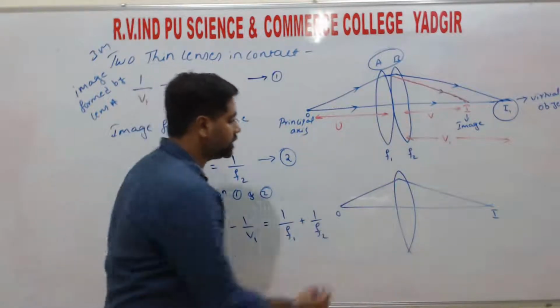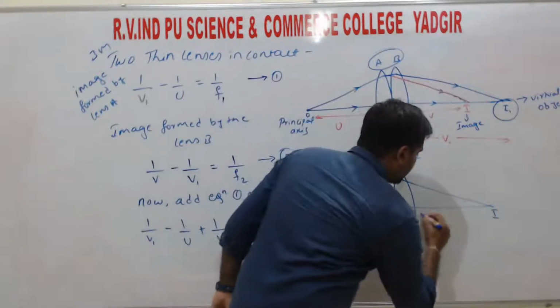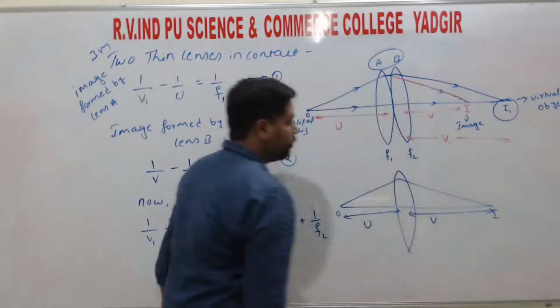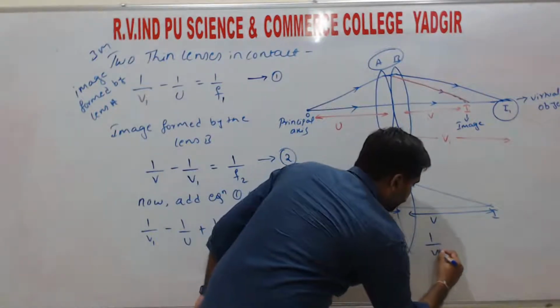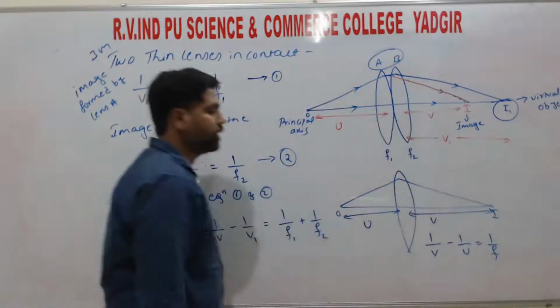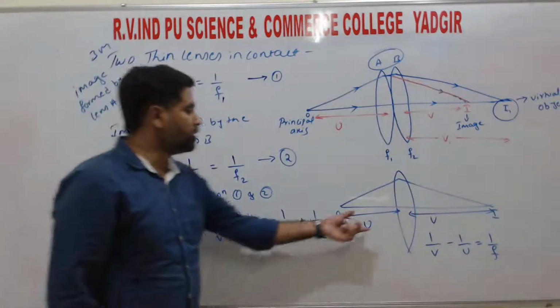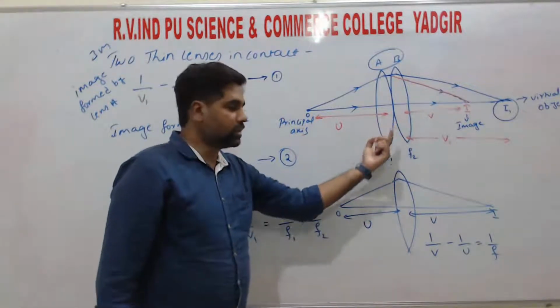Here this is the object distance u and here we have the image distance v. So we write the relation 1 by v minus 1 by u equals 1 by f. This is the equivalent lens of the combination of these two lenses.